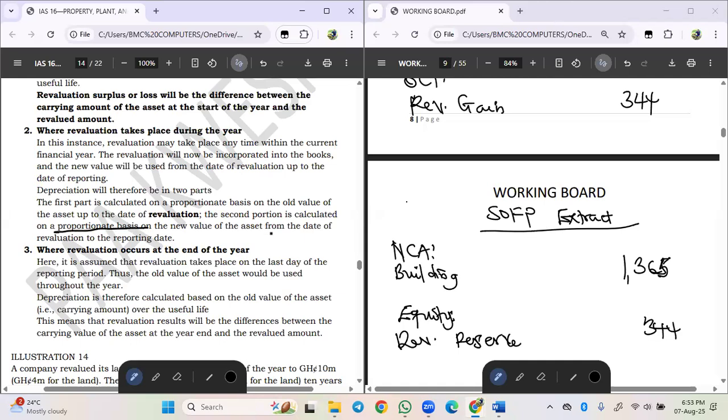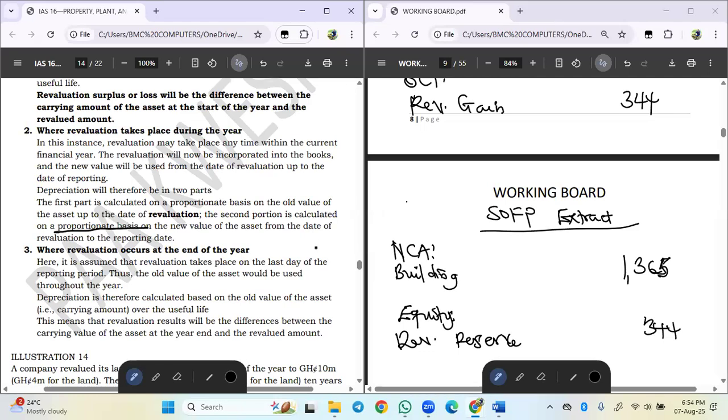So one will ask, what is that? Let's say the asset was revalued on the 30th of June. So in 2018, from 1st January to 30th June will be 6 months. So if you are calculating depreciation, after using all the formula, you have to multiply by 6/12.